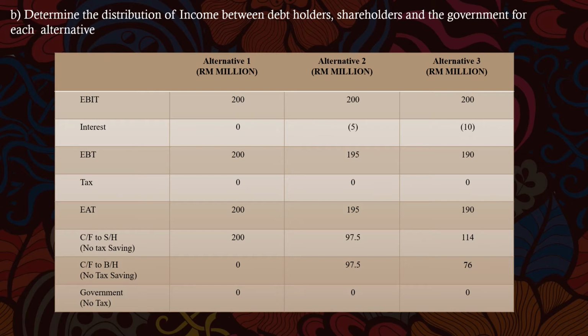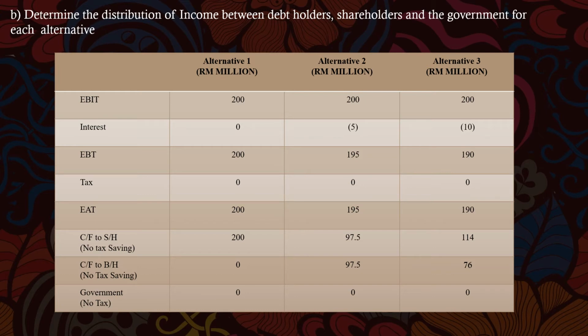Next is alternative 2, which is financed using 50% debt and 50% equity. So the total earnings, 195 million, will be divided by 2, and 97.5 million will be apportioned to shareholders, and the remaining is for bondholders.